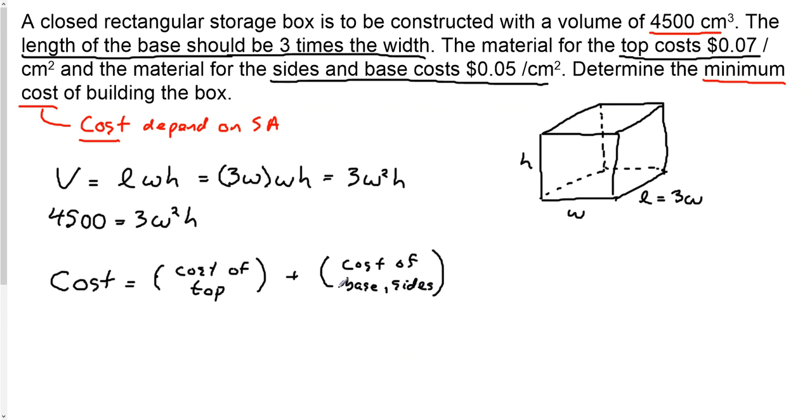So we want to break it up like that, because we know that the cost of the top is going to be that $0.07 per centimeter squared times the area of the top, and that the cost for the base and the sides is going to be that 0.05 per centimeter squared times the area of the base and the sides.